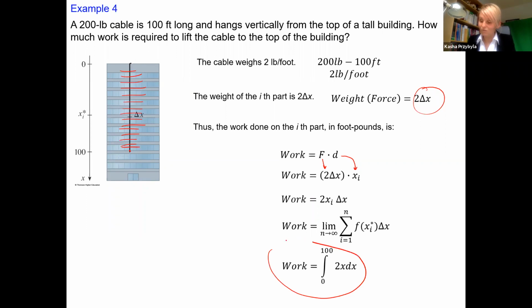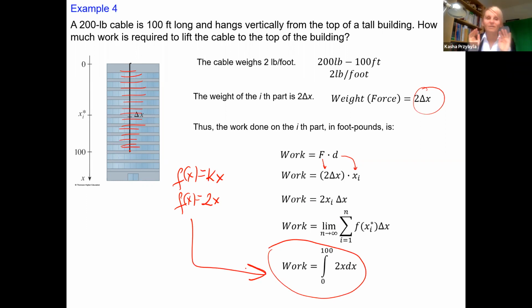But if you're okay with computing this, where we got 2x, and jumping to that step, I'm perfectly fine. But sometimes we would like to have more details.